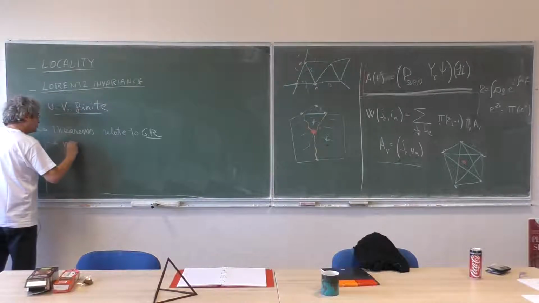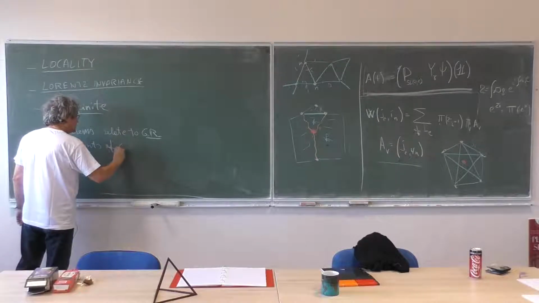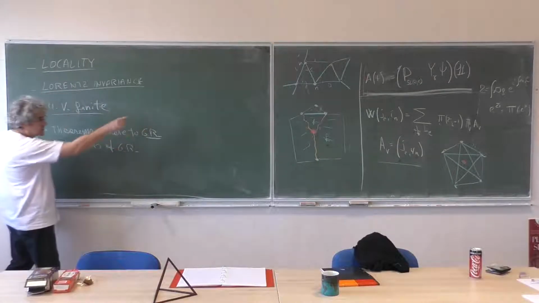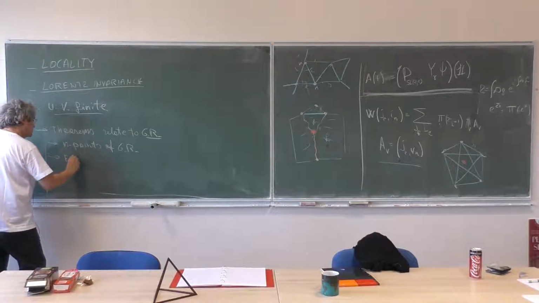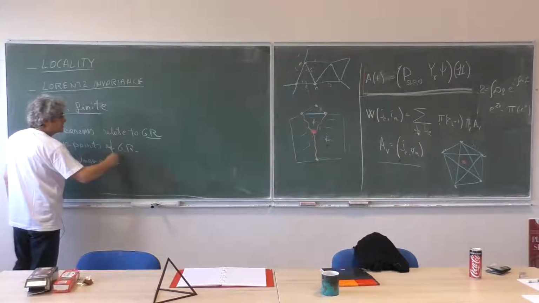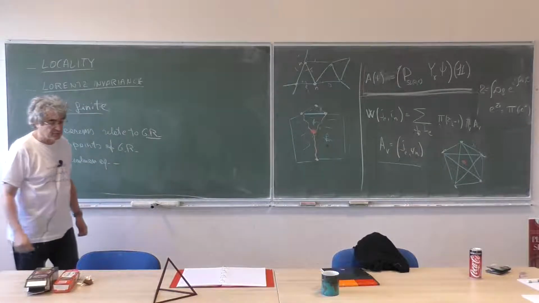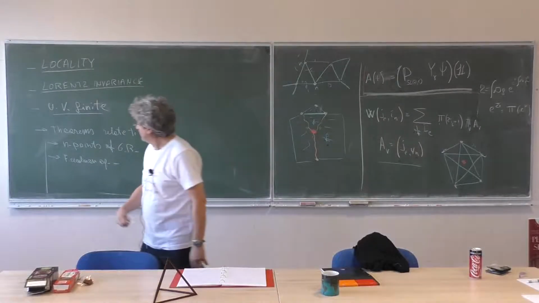The n-point functions of GR have been computed starting from this equation here. In cosmology, the Friedmann equation has been derived starting from this amplitude in some approximation, and so on and so forth.